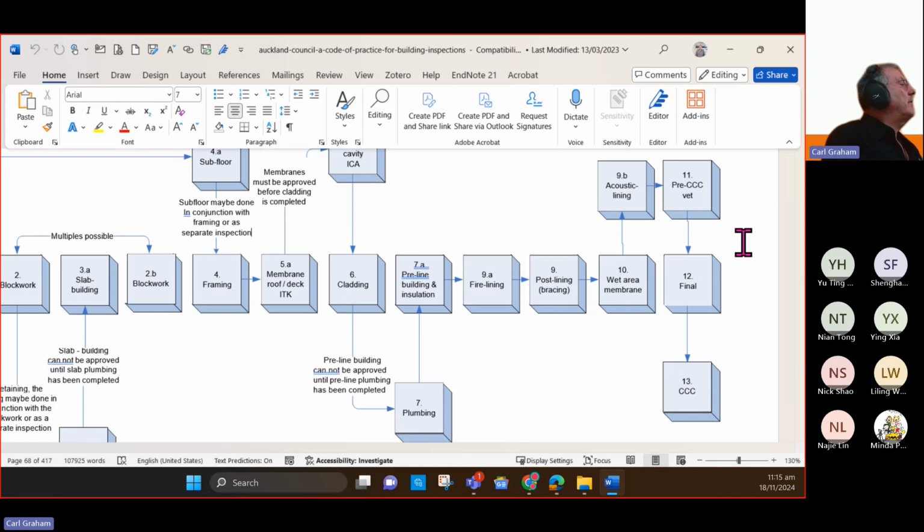What would happen is the client would get, 24 hours before I turned up, a document called a CCC findings document. And on that document, it will tell you everything that you're supposed to have on the day or afterwards to actually get your CCC, Code Compliance Certificate. I thought it's a really cool tool.